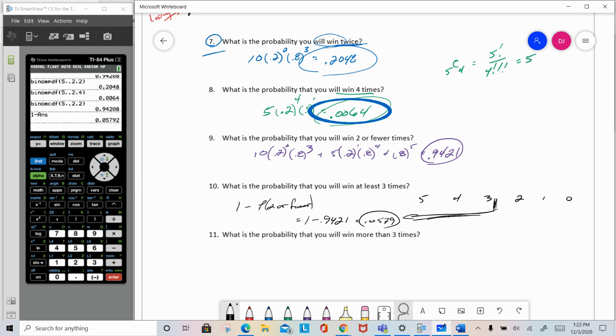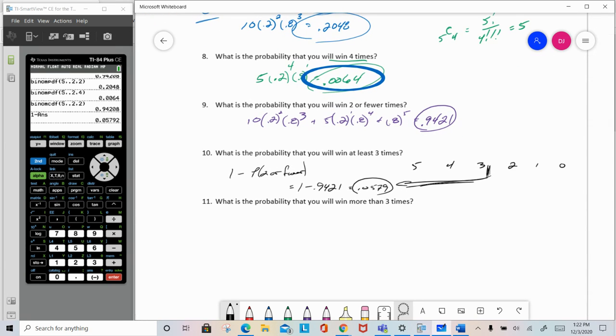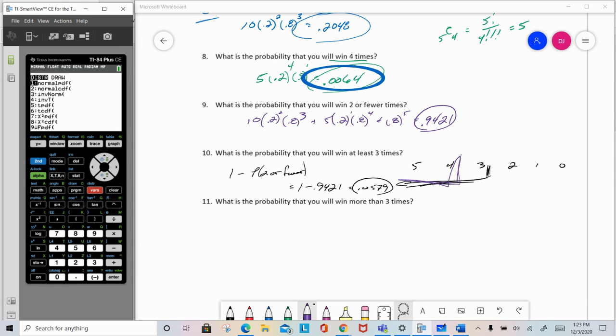Okay. Now what's the probability that I will win more than 3 times? Winning more than 3 times means I'm going to win 4 or 5 times. So what I need to do is distribution, binomial CDF, more than 3 times. That's the probability I win 4 or 5 times. That's 1 minus the probability of 3 or fewer.